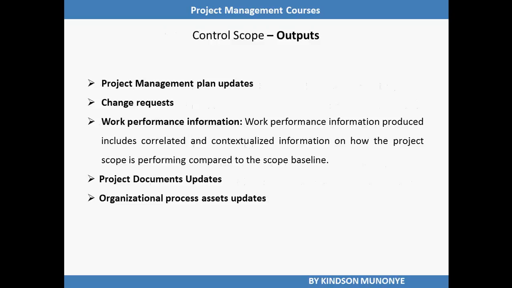Control scope has 5 outputs: project management plan updates, change requests, because along the line we are checking and there is deviation from the laid out baseline and there is considerable deviation. You have to try to correct it.